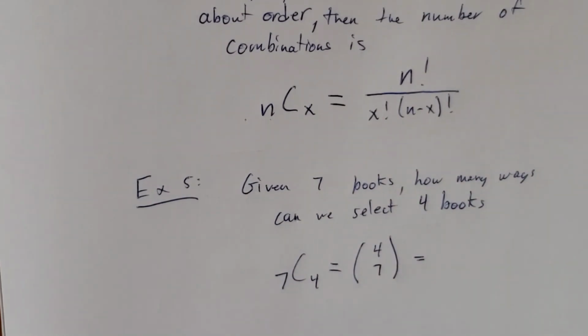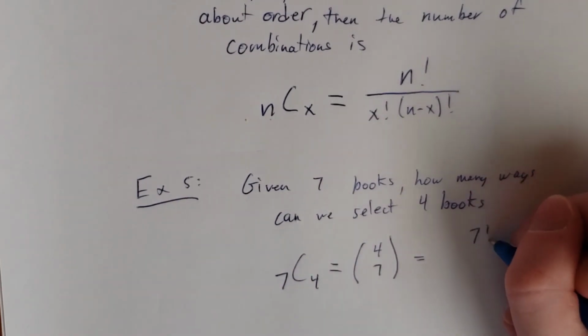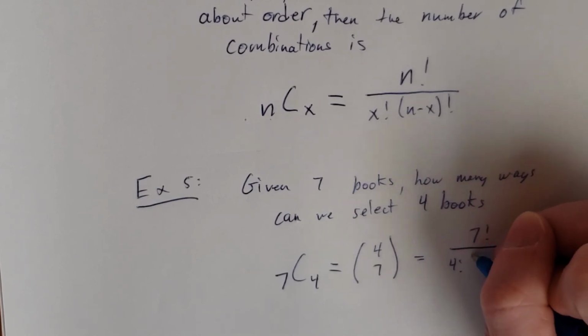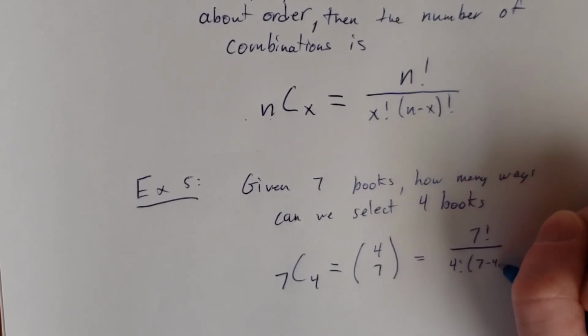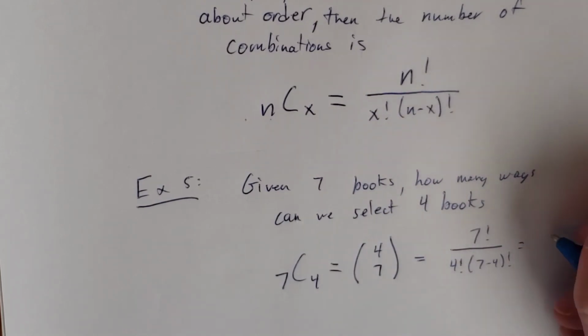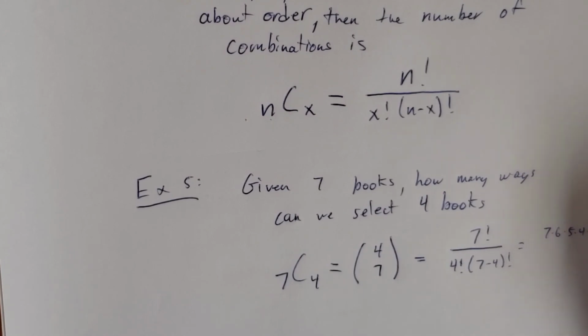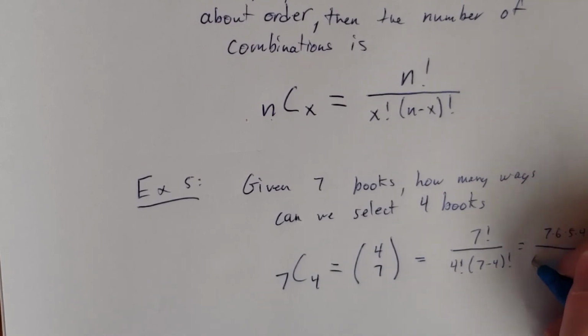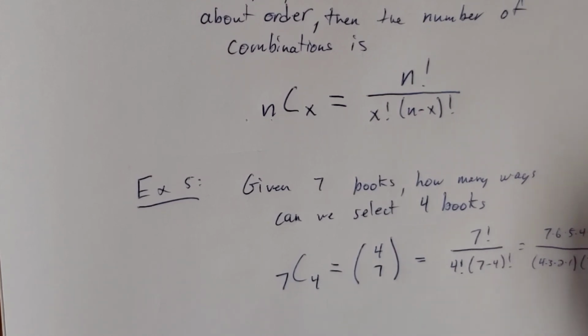And this is 7 factorial over 4 factorial times 7 minus 4 factorial, which is 7 times 6 times 5 times 4 times 3 times 2 times 1, all over 4 times 3 times 2 times 1 times 3 times 2 times 1.